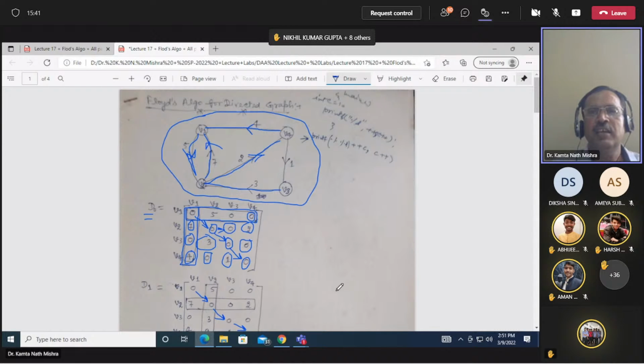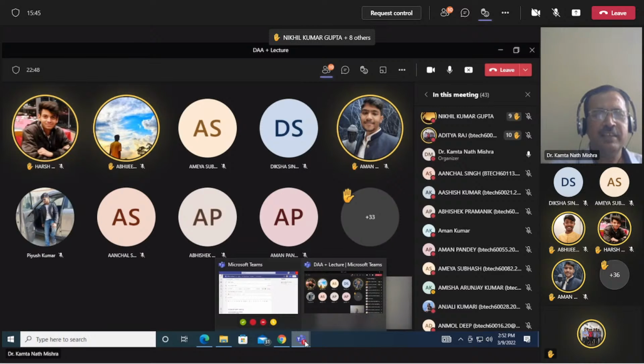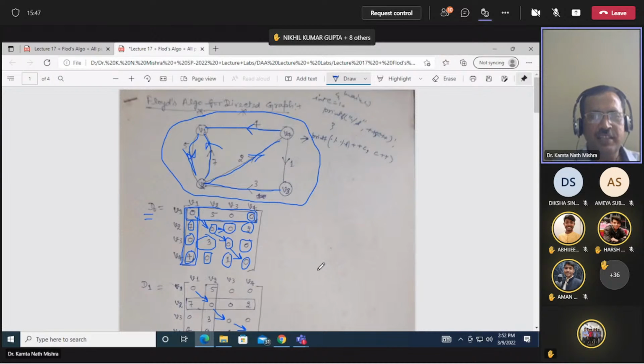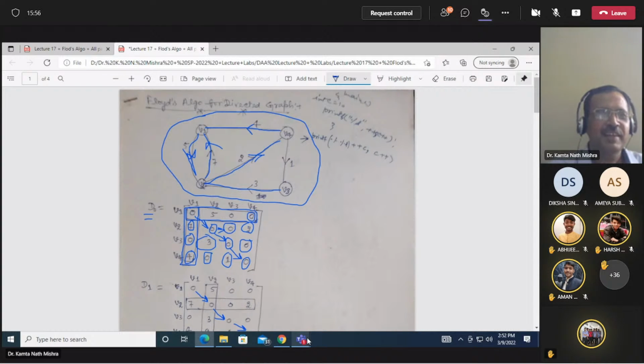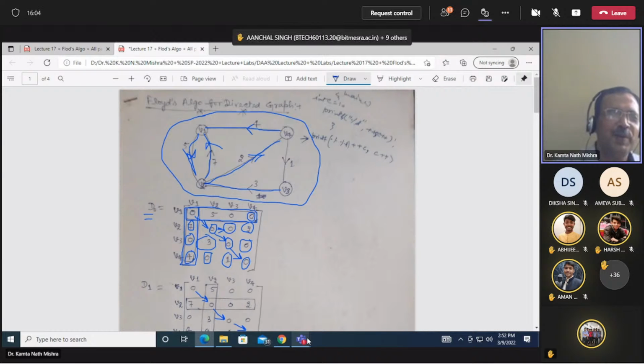Aditya Raj, done, completed? You have raised your hand. Well done. So what are the values of the fourth row?